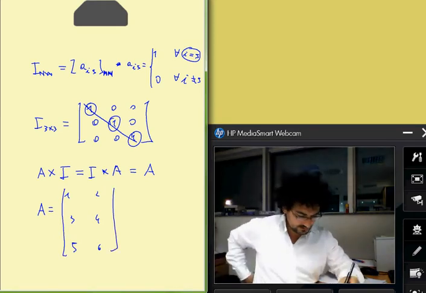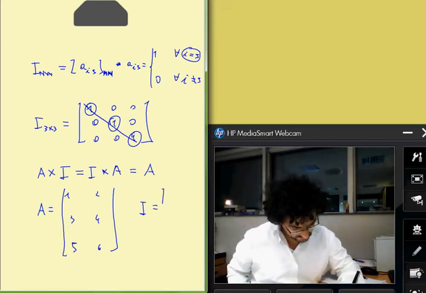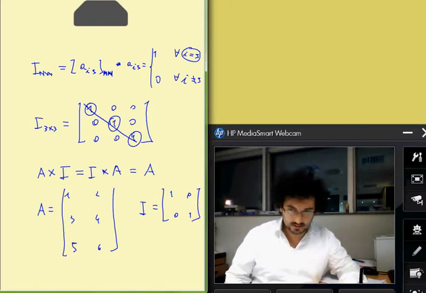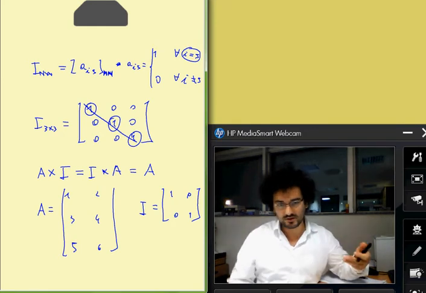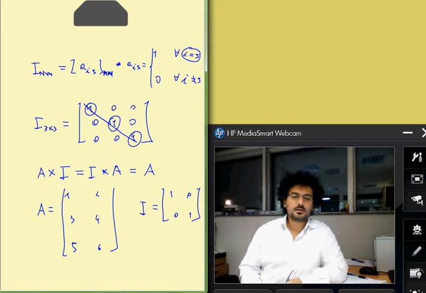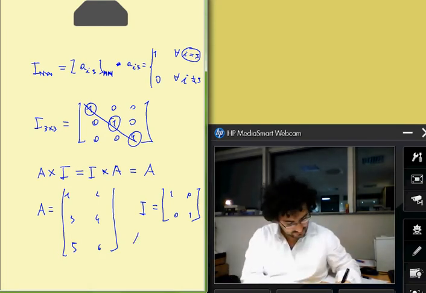In this case, if we consider the identity matrix 2 by 2, very simple, 1 0 0 1, it's easy to check, and you can try by yourself. You can check in the lecture that A times I is equal to I times A, and is equal to A.